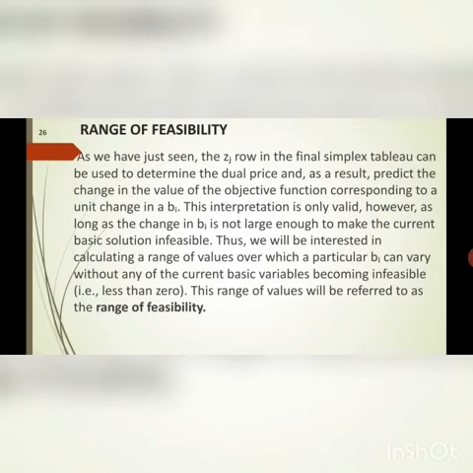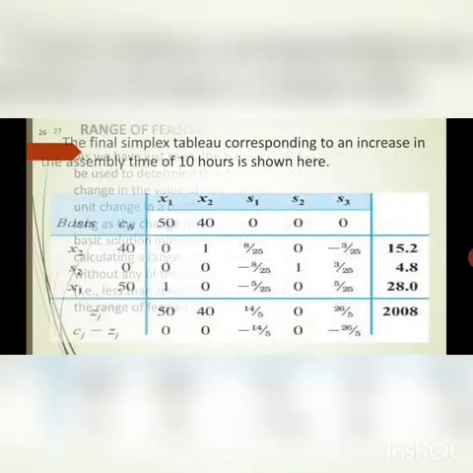This interpretation is only valid, however, as long as the change in b sub i is not large enough to make the current basic solution infeasible. Thus, we will be interested in calculating a range of values over which a particular b sub i can vary without any of the current basic variables becoming infeasible, or less than 0. This range of values will be referred to as the range of feasibility.